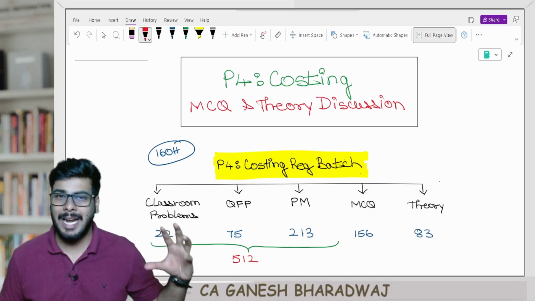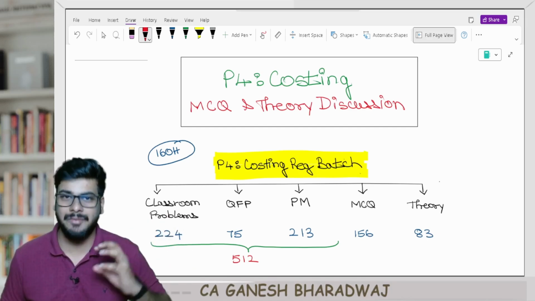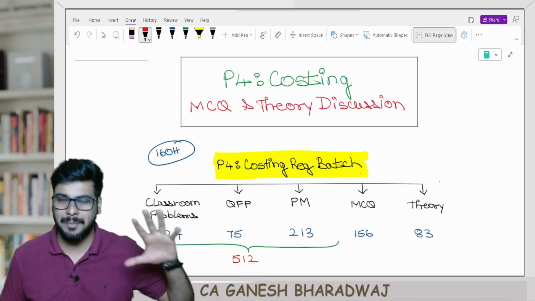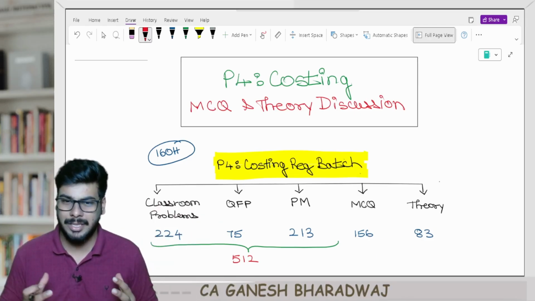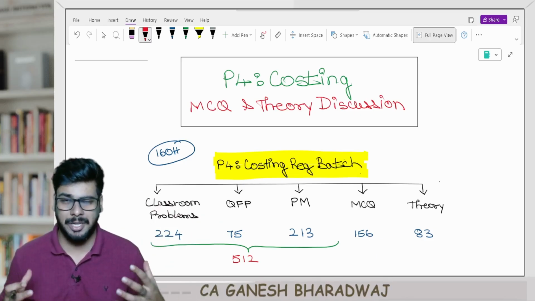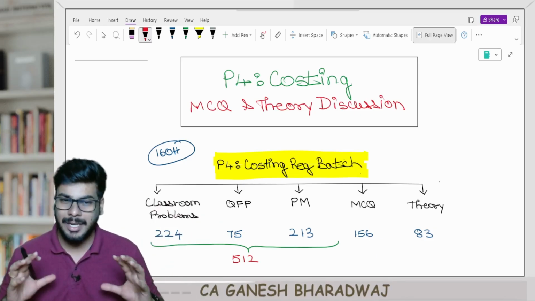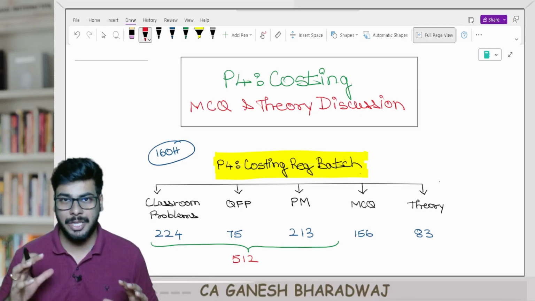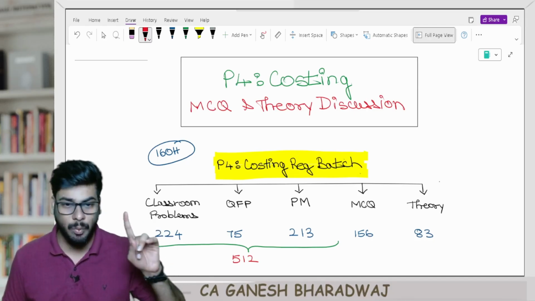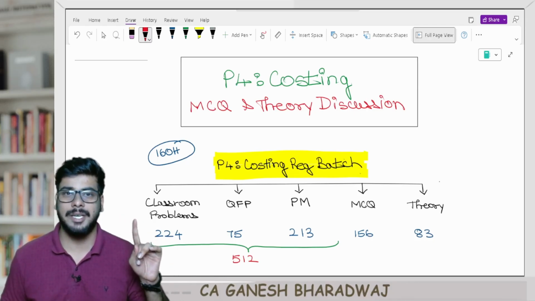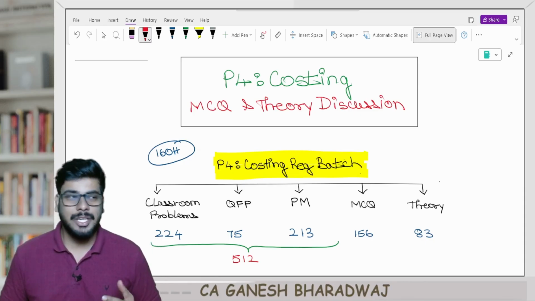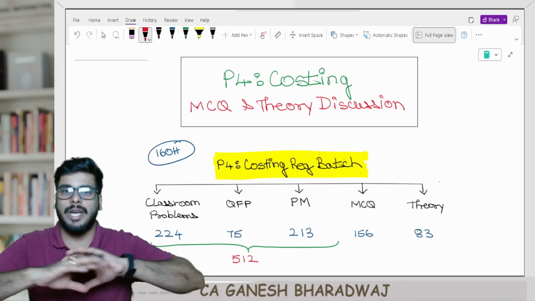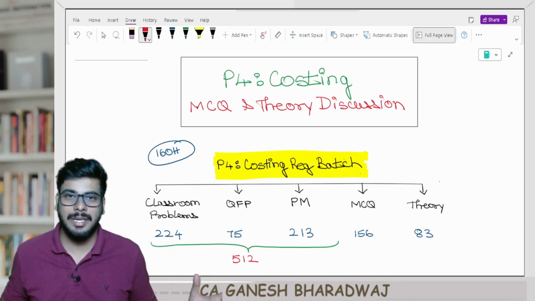I have just handpicked a few theory questions from every chapter, out of the past exam questions and RTPs. This theory component, to this extent, is 100% sufficient from an examination perspective, because generally one question gets tested as theory. For that one question, it doesn't make sense to go through the entire study material line by line.